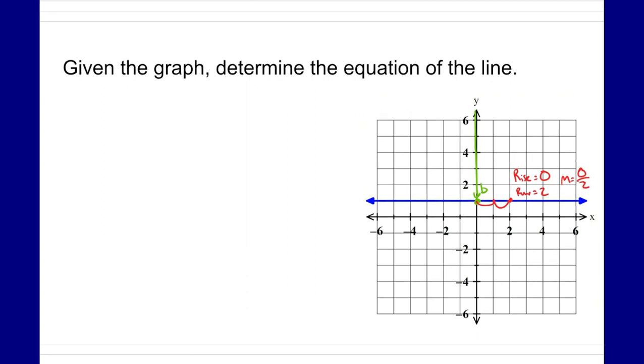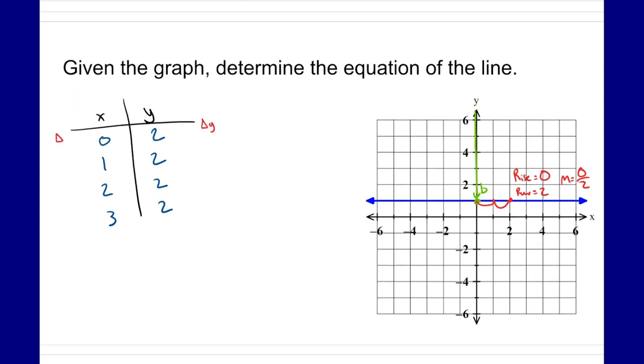We could also do this as a table. Plot some points. We have 0, 2; 1, 2; 2, 2; 3, 2; 4 would be 2 as well, and 5 would be 2 as well. I'm just showing you the different ways. From 2 to 2, that's a change of 0, 0, 0.